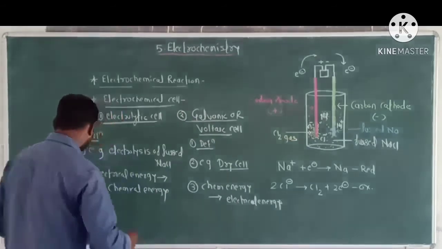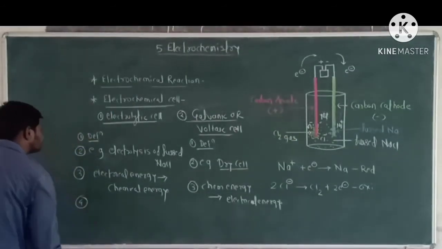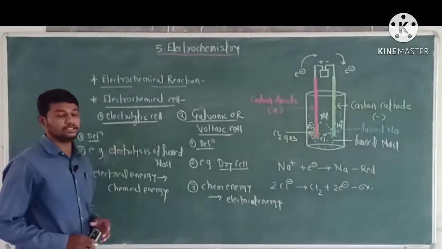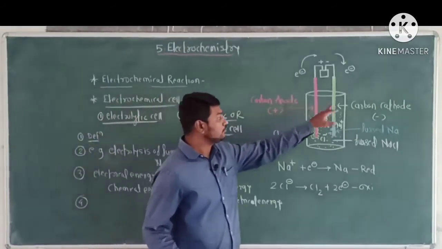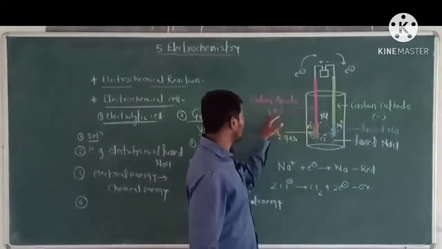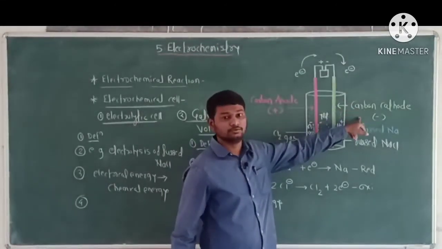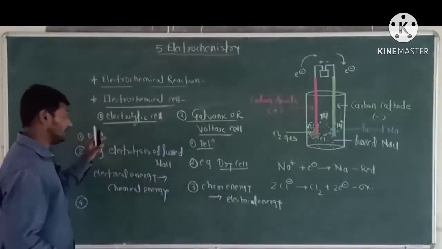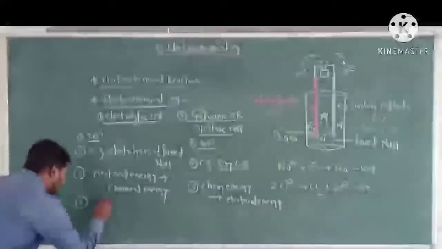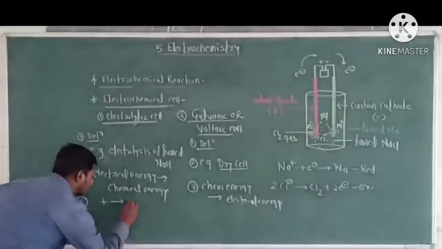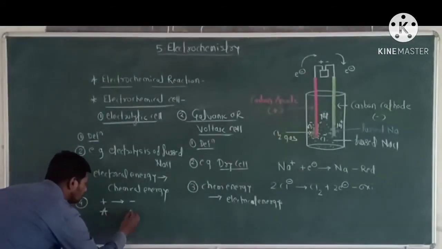Okay, now fourth point, in an electrolytic cell, the electrons are transferred from positive end to negative end, that is from anode to cathode.